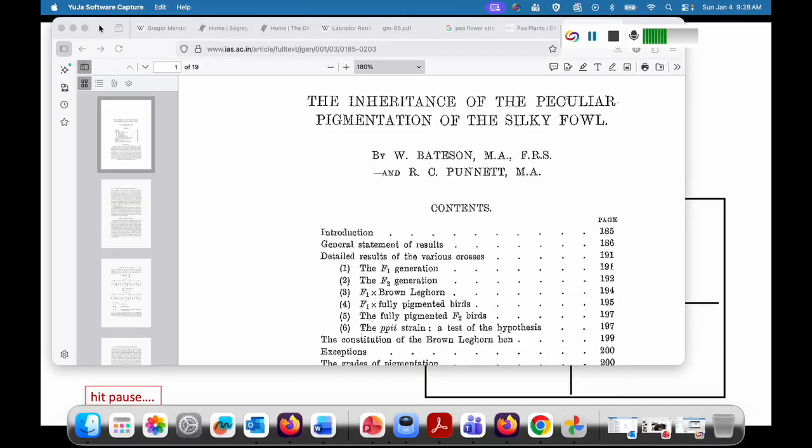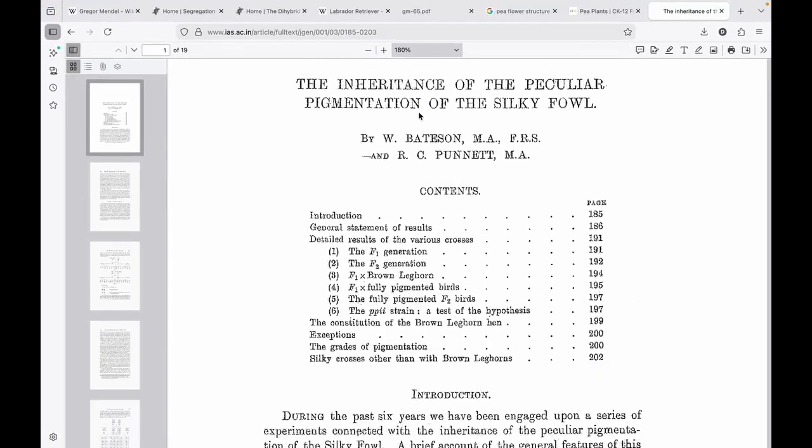All right, so I mentioned Punnett squares, and so you can get online and you can find one of the early publications by Punnett and a colleague of his, Bateson, that goes through the inheritance experiments of F1 and F2 generation that are really prototyped on the approach that Mendel used in his inheritance studies.